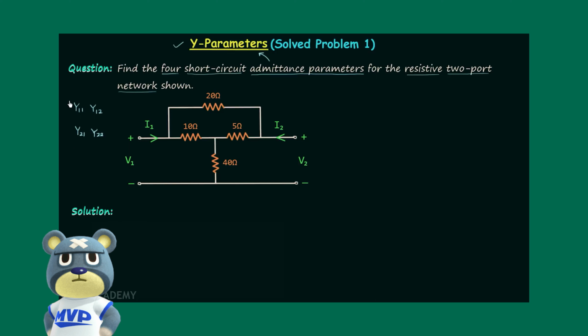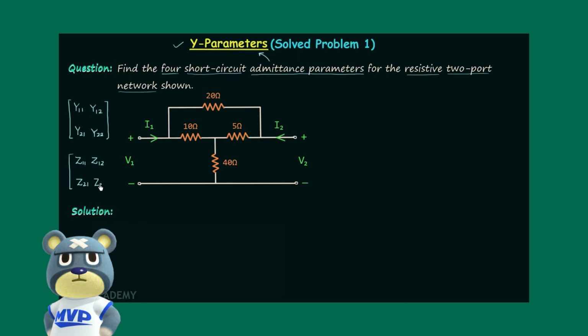These are the four elements of the admittance matrix, and we are required to find all four of them.